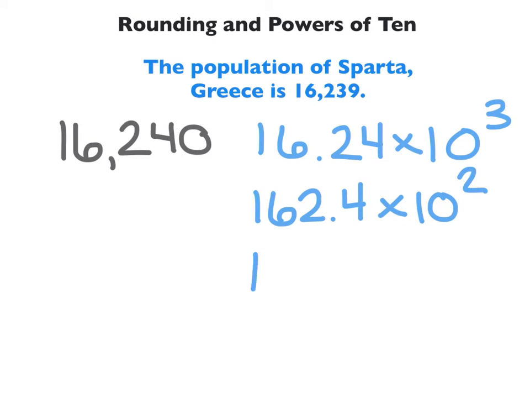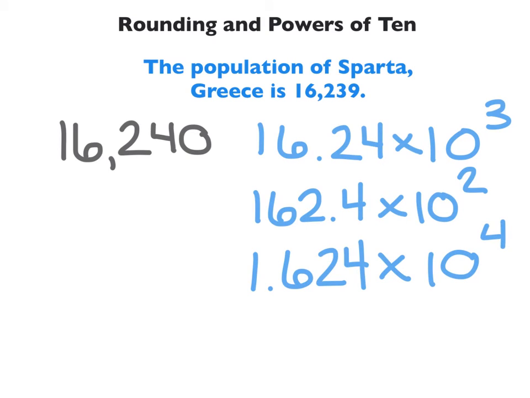And another way I could write it is 1 and 624 thousandths times 10 to the fourth. So there's multiple ways that I can show a number using powers of 10 depending on where my decimal point is placed.